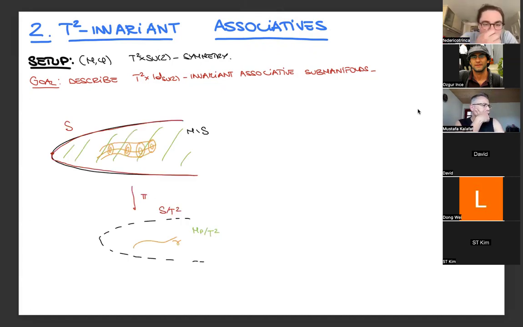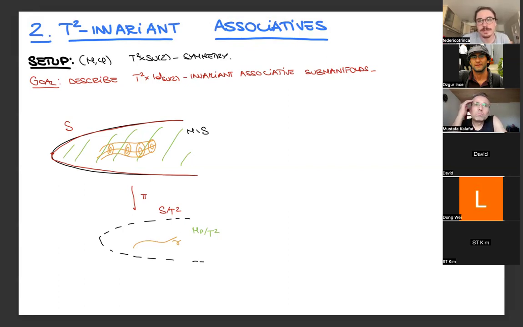So the idea is that if we work outside of the singular set of the T2 action, which we denoted by S, then a T2 invariant submanifold a priori looks like a donut trail. So you have a trail of donuts here on M minus S, which when you project down to M minus S over T2, what you see is a curve.